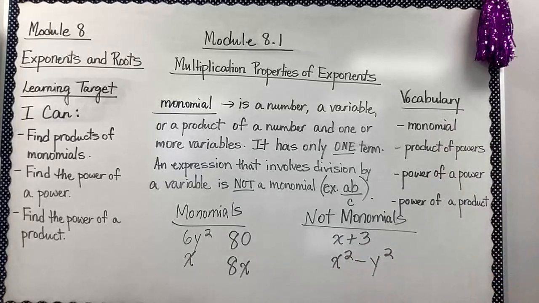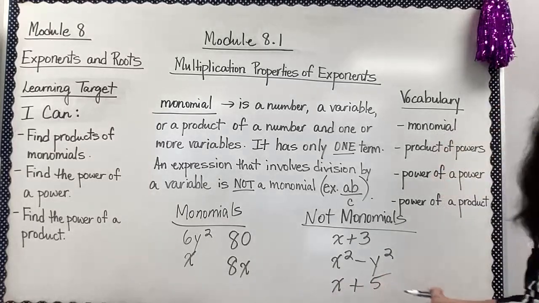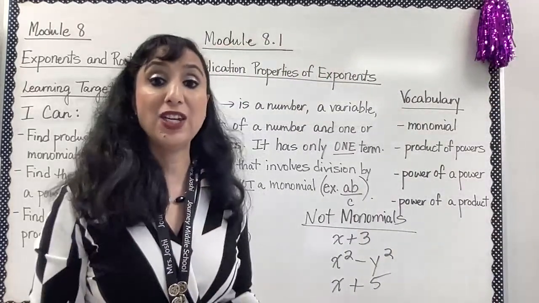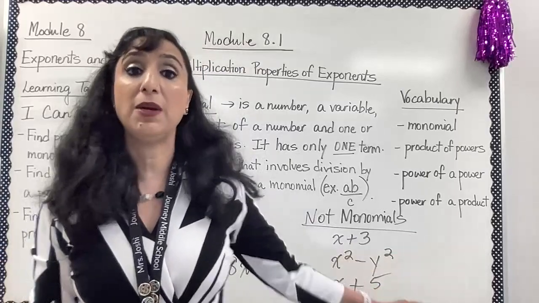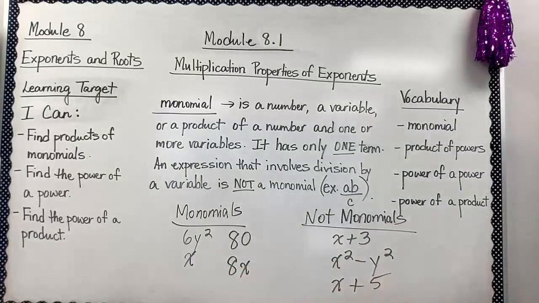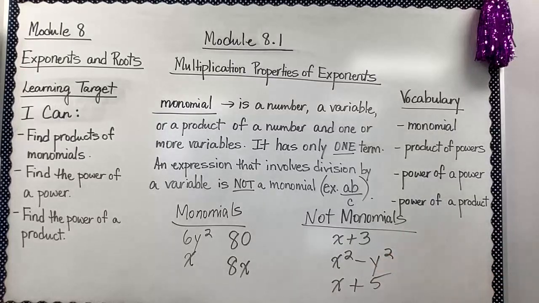If I have x plus 5, once again, two terms, because terms are separated by addition or subtraction. That is why those are not monomials, but these over here are monomials. Quickly look at the difference between the two once again, and then we are going to discuss the product of powers property.